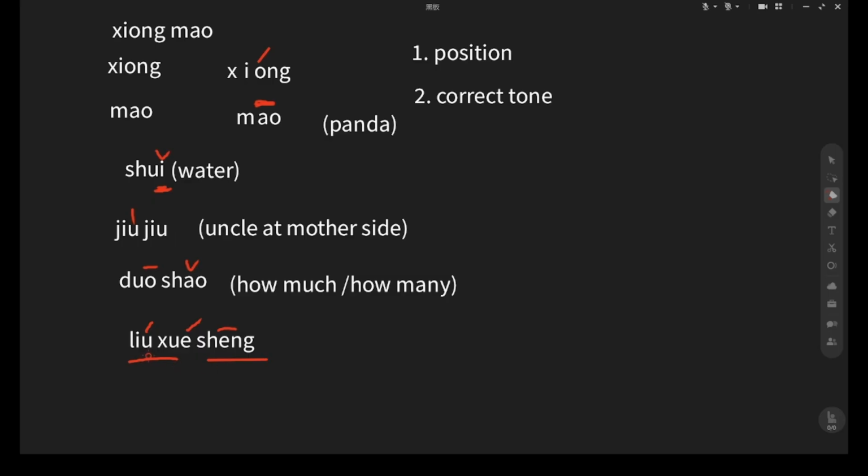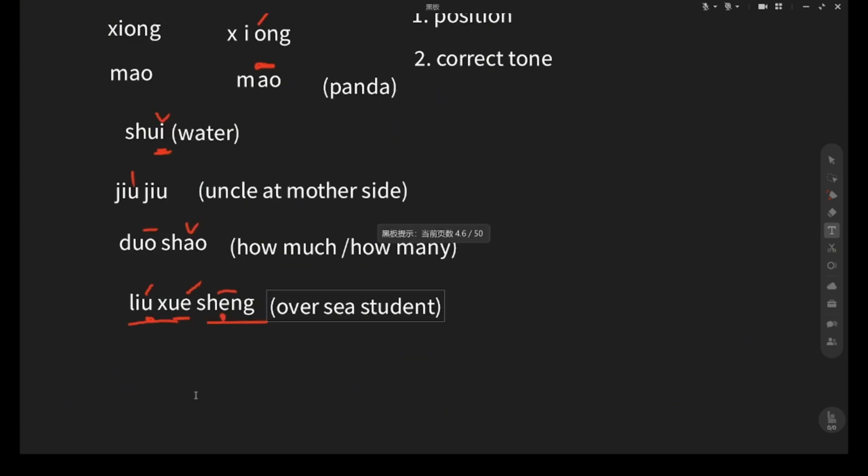This is on the last one, E and U together. And this one is in front of U. So this is only one vowel. 留学生 means overseas student, okay? Overseas student. 留学生.